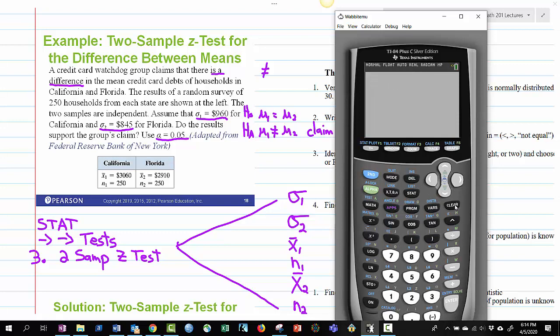Clear it. Okay, so we click Stat. We arrow to the right twice for tests. We arrow down to line 3, 2-sample z-test. Okay, select Enter. Now, they told us here standard deviation 1 is 960.